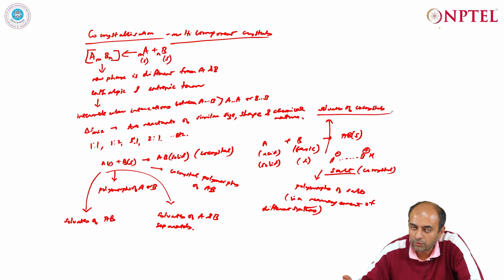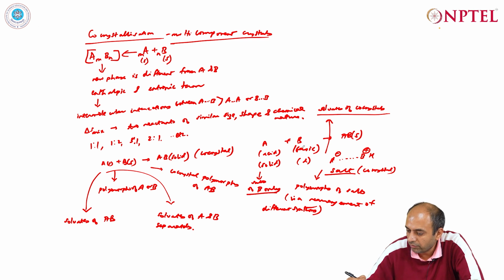We can have hydrates, or we can have other solvents also included with these co-crystals, and we can also have salts of B only, assuming that B is basic and we add a polar solvent from where it can take up a proton. For example, if you add it in HCl, then the base B will take up the proton from HCl, form the conjugate acid, that is BH plus, and the chloride will be the counterion, which will form a hydrochloride salt of the basic compound.